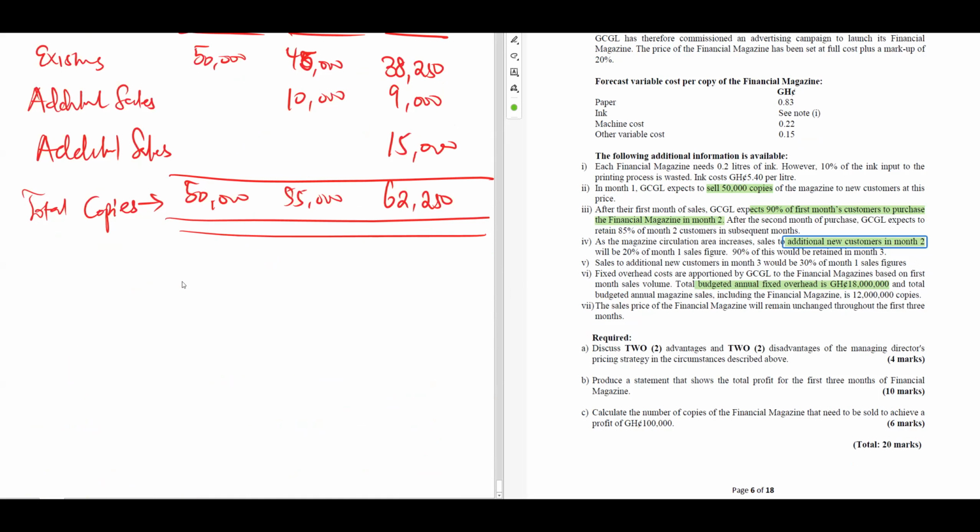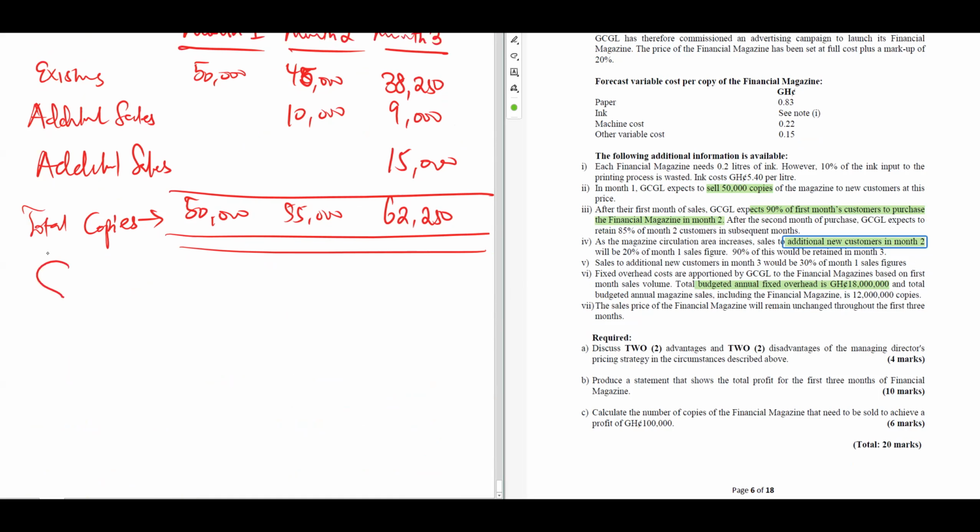So I know my sales already, these are my sales units: month 1, month 2, month 3. If I want my sales, it's straightforward. The selling price was 4.68. So the first month will be 50,000 by 4.68, and that gives me 234,000.